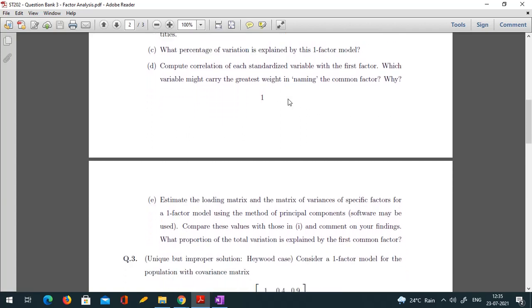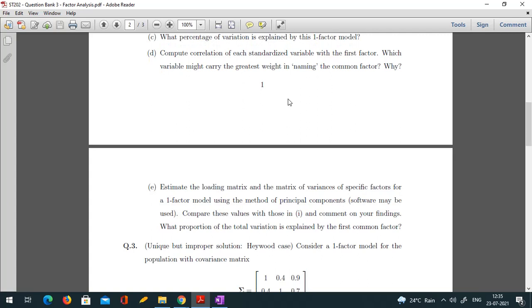Yes ma'am, that's my bad. So here, ma'am, in both cases we have to go for principal components. Actually I have said software may be used, so I shouldn't have put it in the bracket. I wanted you to compare your solution with the solution by the software, that's all. So this part you can skip right now.